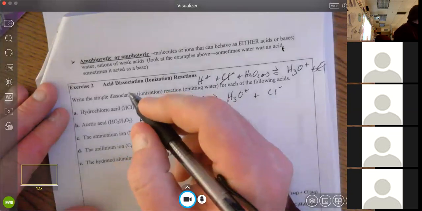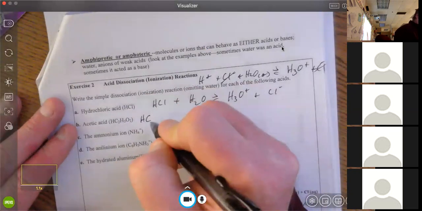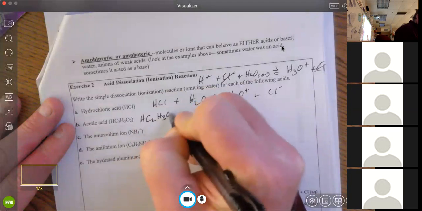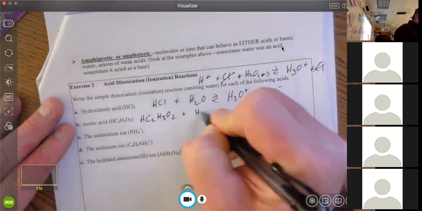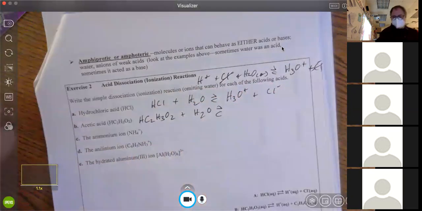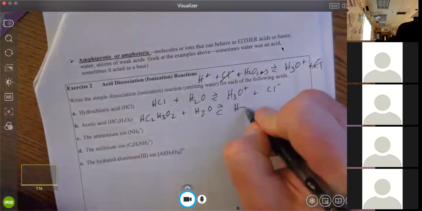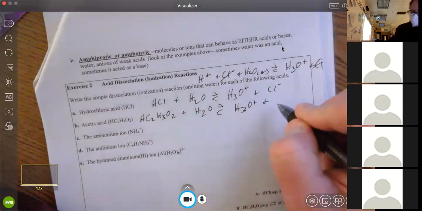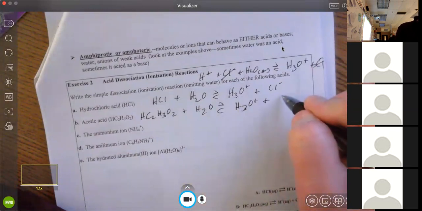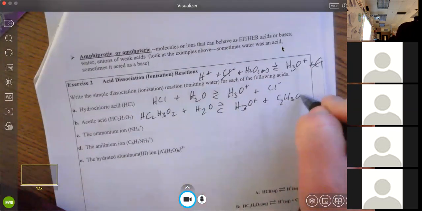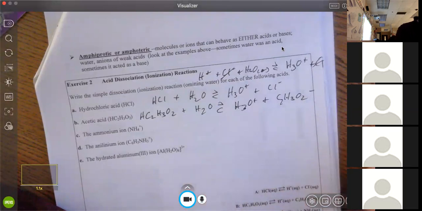It doesn't properly dissociate. Well, not properly might not be the right term for it, but yeah, HC2H3O2 plus H2O is going to yield H3O plus, C2H3O2 negative.